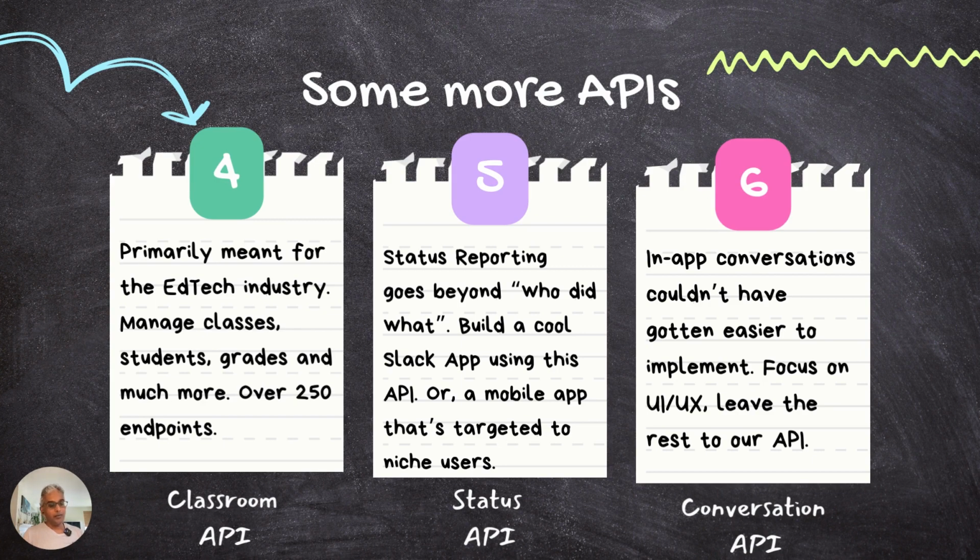The classroom API is the fourth one. It's meant primarily for the edtech industry. So if you're building solutions for teachers and professors at universities and schools and whatnot, you want to start with that particular API. It actually has a lot of related features. You can collaborate with other teachers, add students into the mix, obviously, because you're going to manage classrooms.